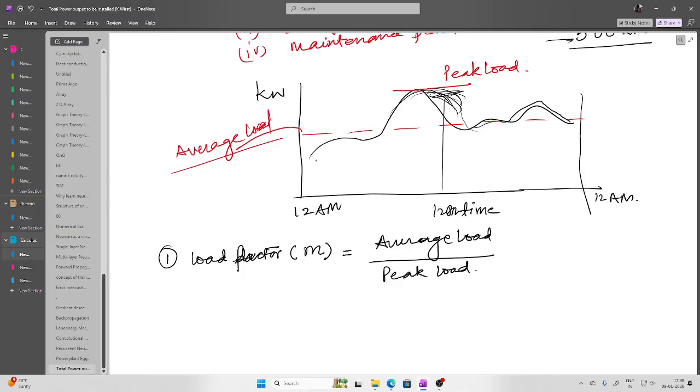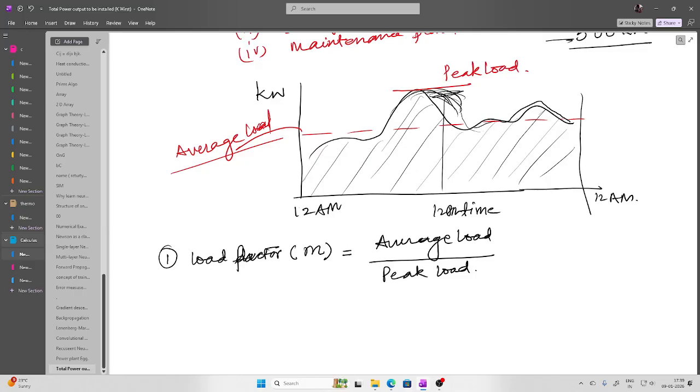The average load means the area of this particular diagram to that of this peak load is what we call as the load factor. The more the value of this load factor, the better the plant is loaded, means even power production throughout that particular time period.